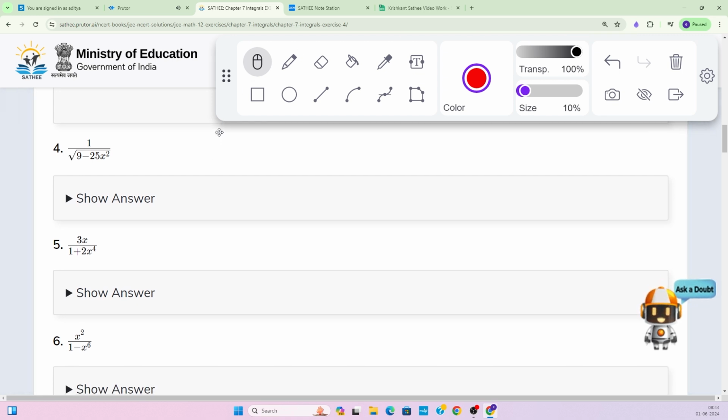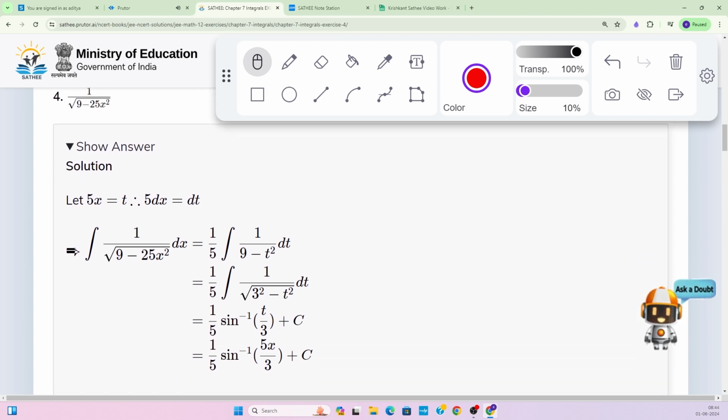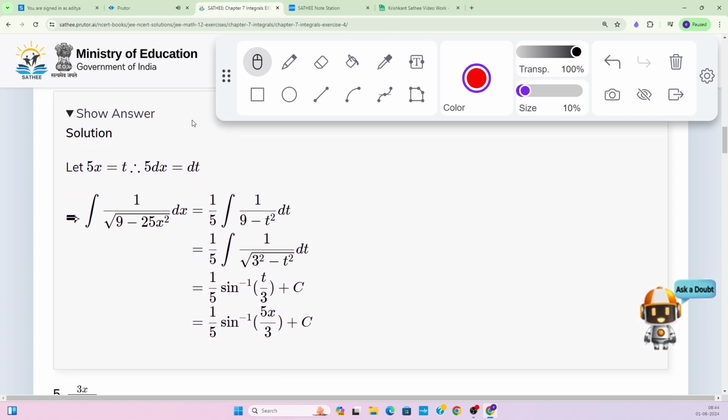Now the fourth problem says that integrate this. So taking 5x is equals to t, you will have dt is equals to 5 dx. This means this 25x square can be rewritten as 5x whole square, and this 3 can be rewritten as 3 square.